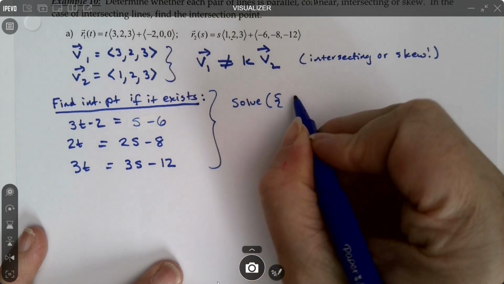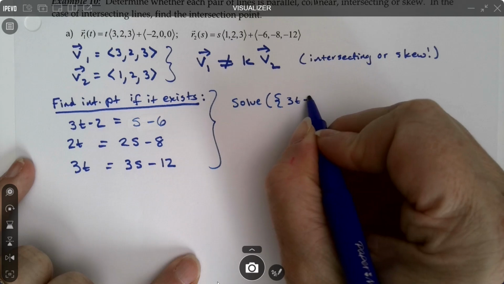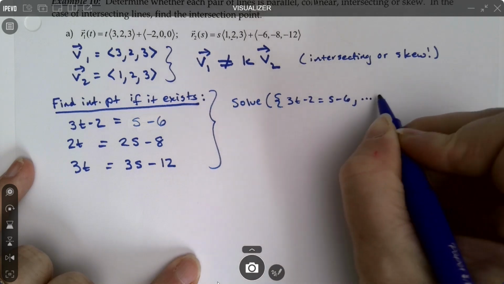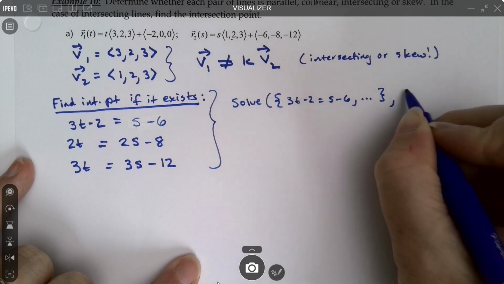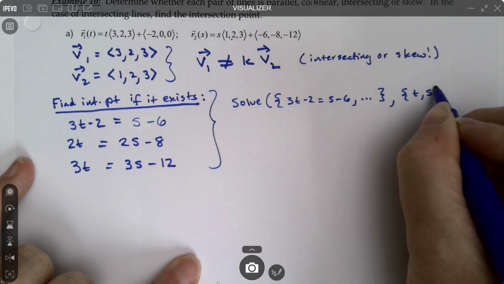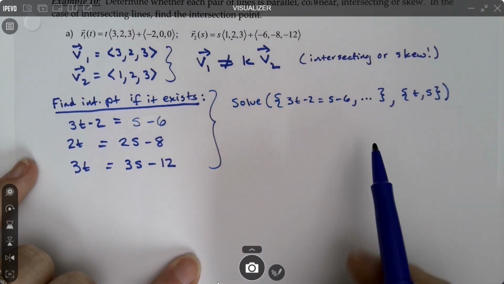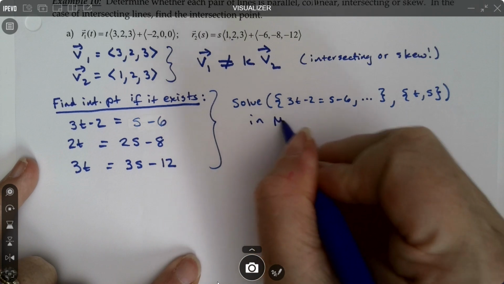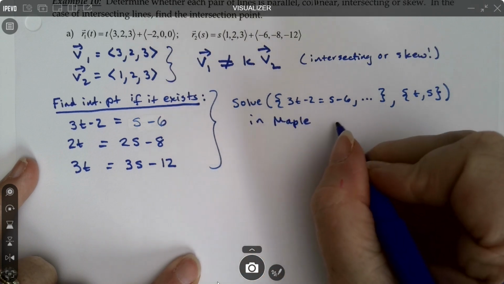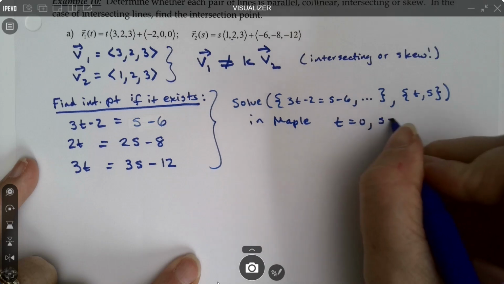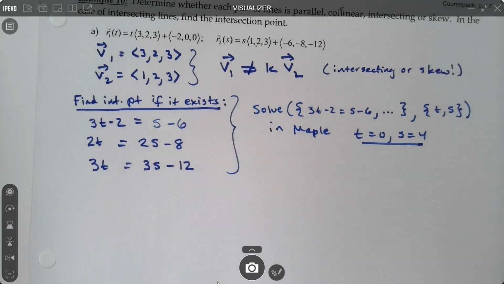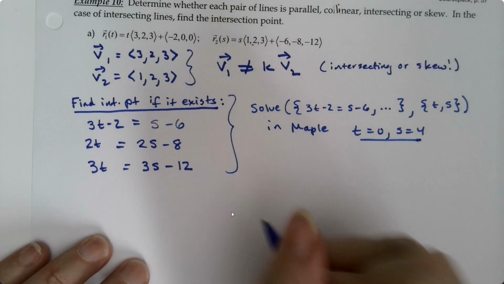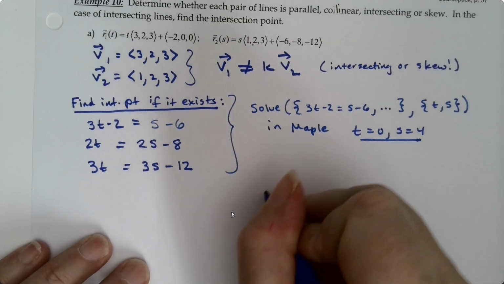I'm not going to write this all the time, but this is a one-time thing, so you can see how these work. And when you do it in Maple, it tells us that the answer is t equals 0, s equals 4. So that means that there is a point of intersection. Since we found this, that means they are intersecting.